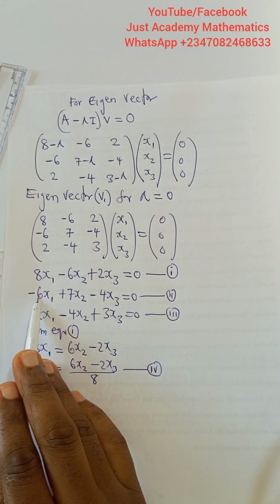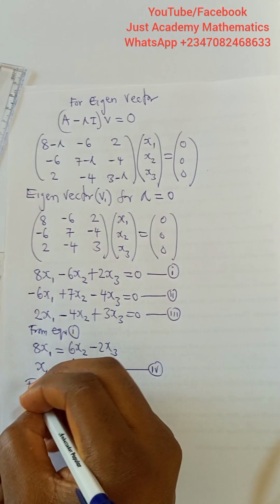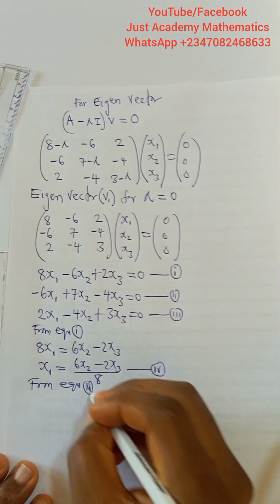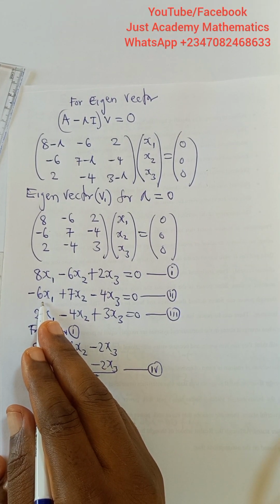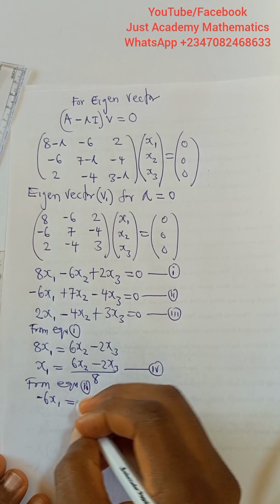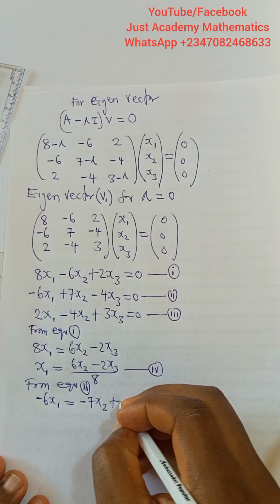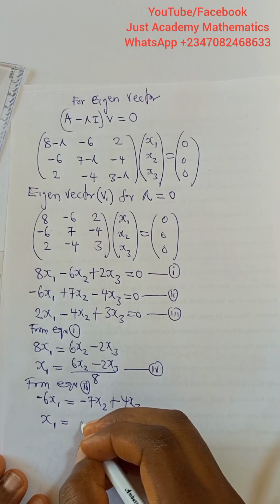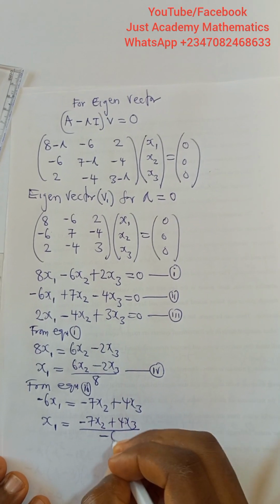Now, we do the same thing with equation 2. Let's make x1 the subject of the formula. From equation 2, we get minus 6x1 is equal to minus 7x2 plus 4x3. In other words, x1 is equal to (minus 7x2 plus 4x3) over minus 6.